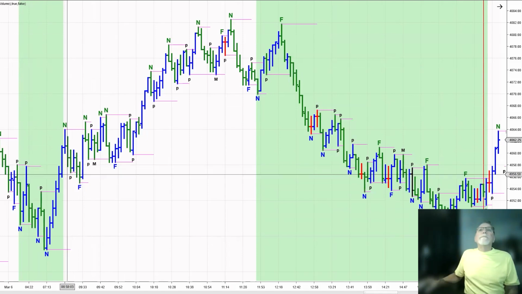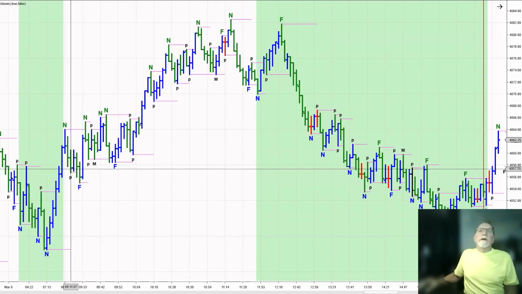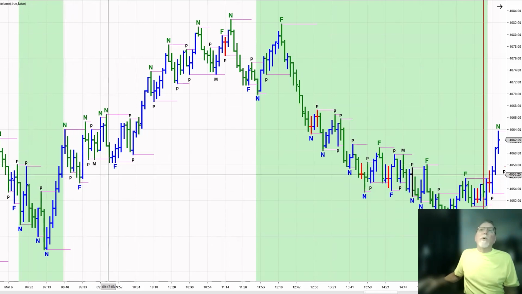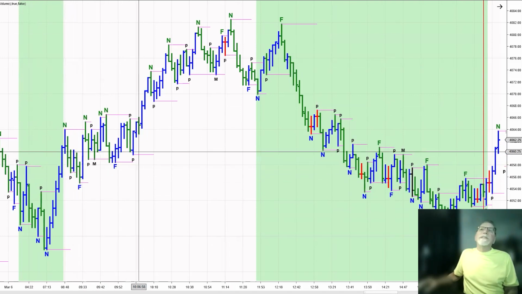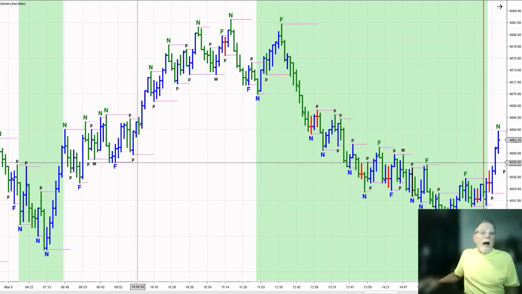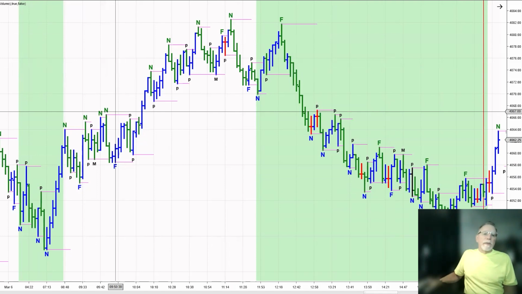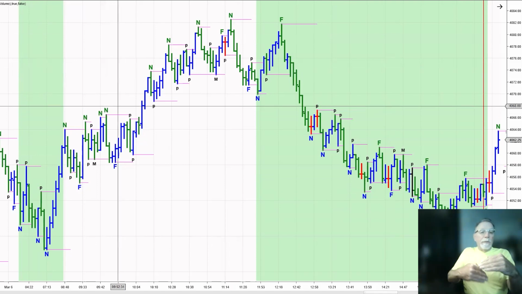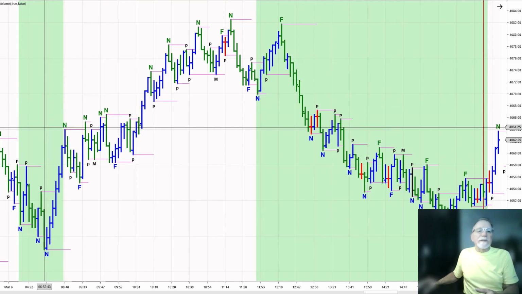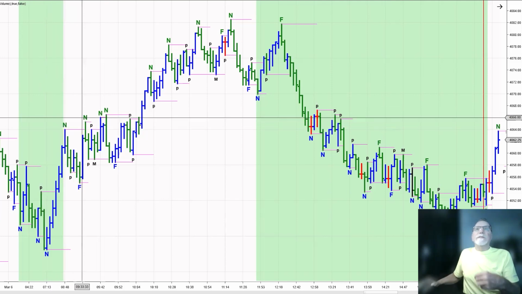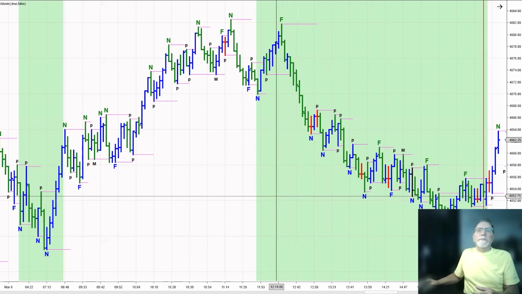You're looking for support to give you a price failure, a reason to buy where your target is a new high. You're trading from a failed support back toward a new high. Just think about it as a ball bouncing off of the floor, and it's trying to reach its apex. The apex in the case of our charts is the last new high or the last new low.